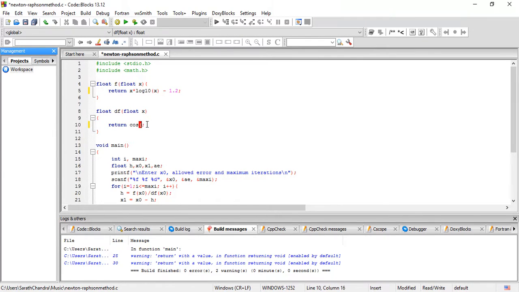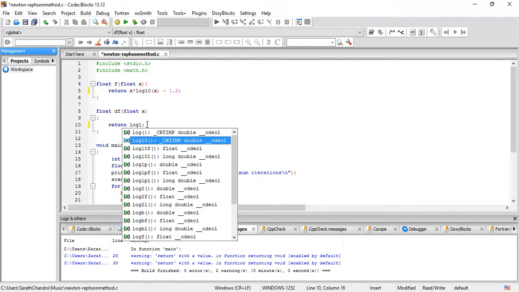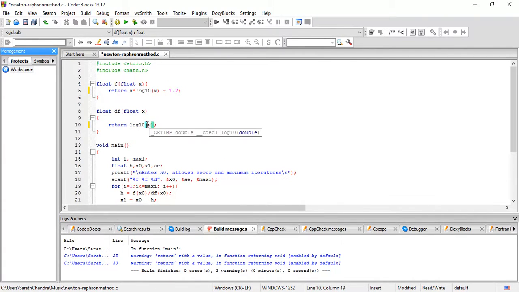The differentiation of the same would be log10(x) plus 0.43429.